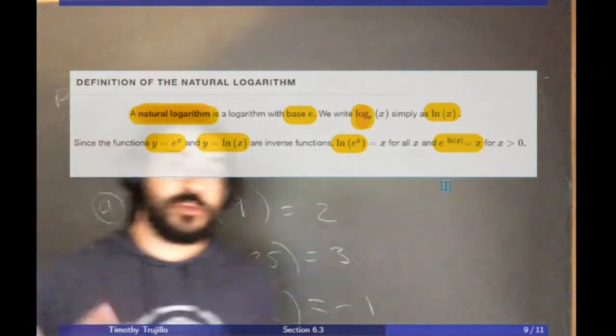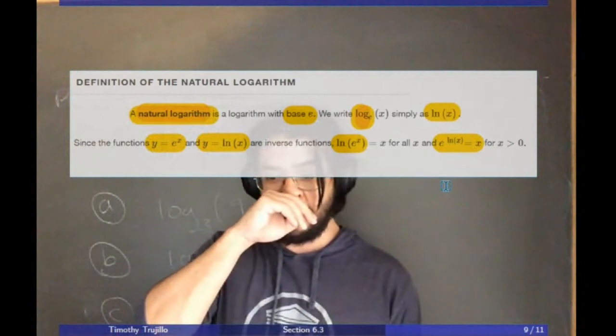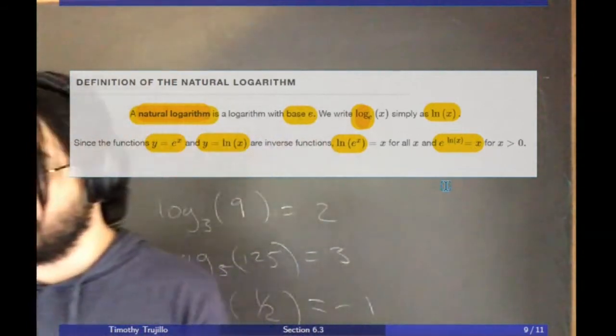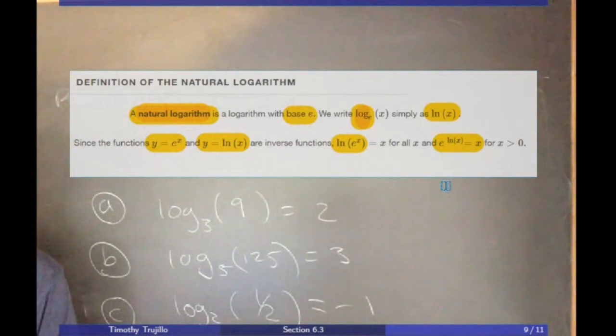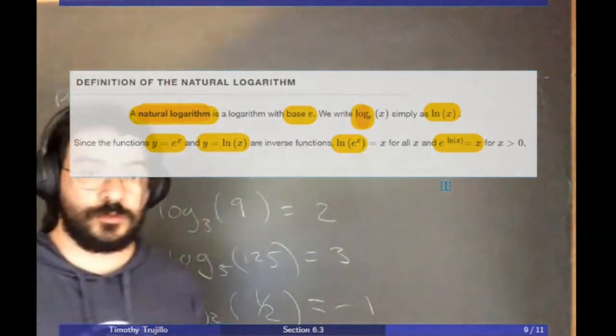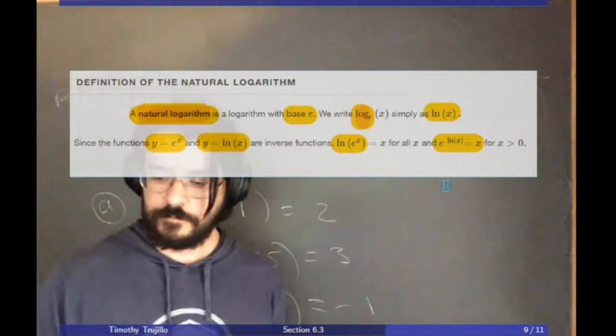And this will be really important for us in later sections. So we'll review this again, but it's going to be the basis of solving some of these exponential functions. But at this point, you should just realize that if somebody writes ln, it means the base is e, or if they say the natural log, then what they're referring to is the natural logarithm.